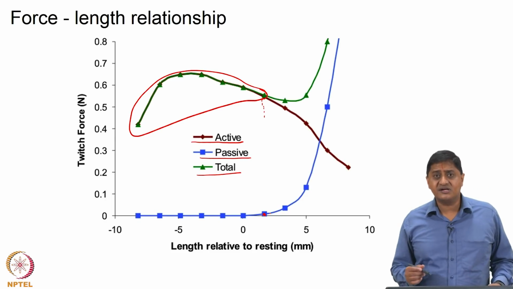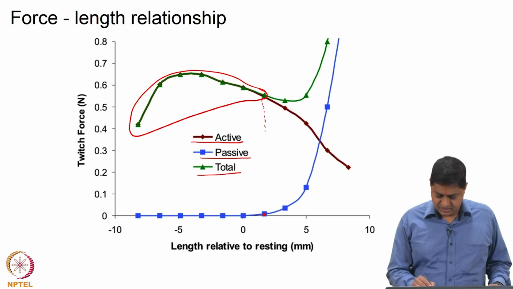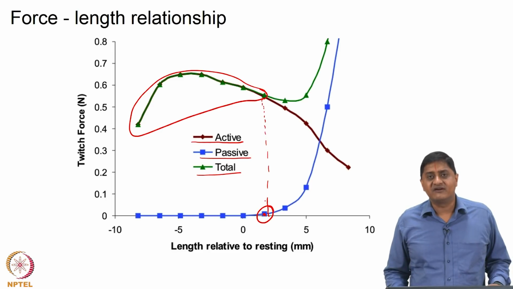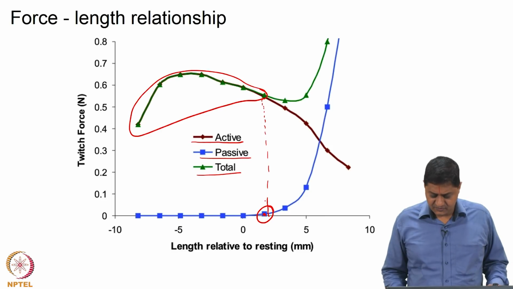Likewise, you are having contractile proteins in muscle that start resisting the force, and that is shown here as approximately that value. At around that value, the muscle also starts resisting passively. So, there is passive response.